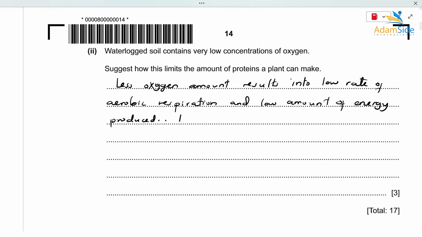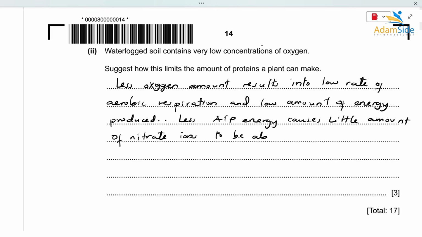Okay, so less ATP energy causes little amount of nitrate ions to be absorbed by active transport in the roots.